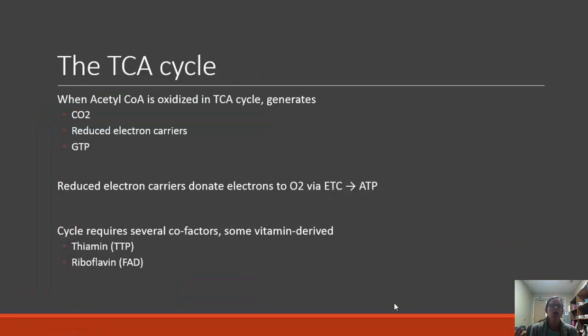Okay, just a little review: once acetyl-CoA is completely oxidized in the TCA cycle, we produce CO2, we produce direct energy in the form of GTP or ATP, and we produce reduced electron carriers, our NADH and FADH2. Those go to the electron transport chain. It's important to know that this cycle has several required cofactors, such as thiamine and riboflavin.